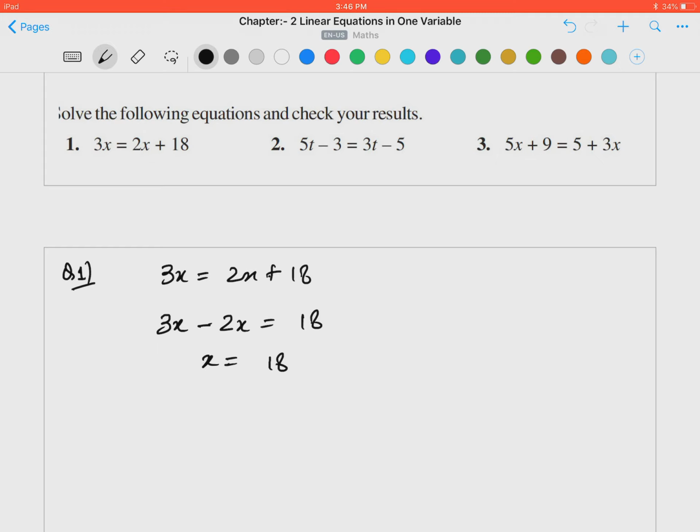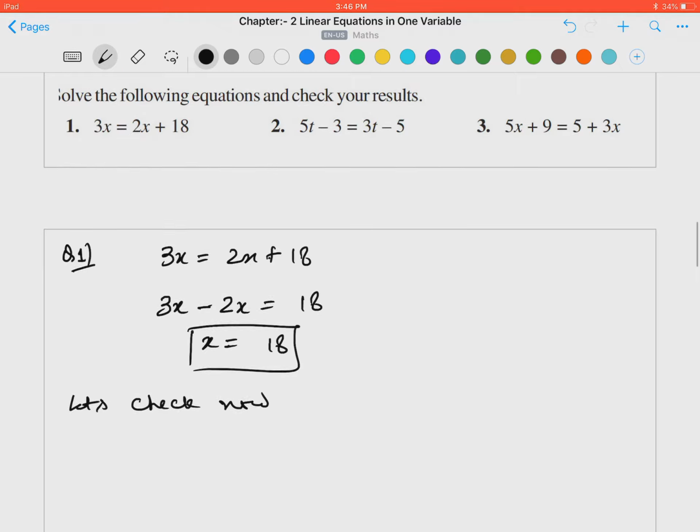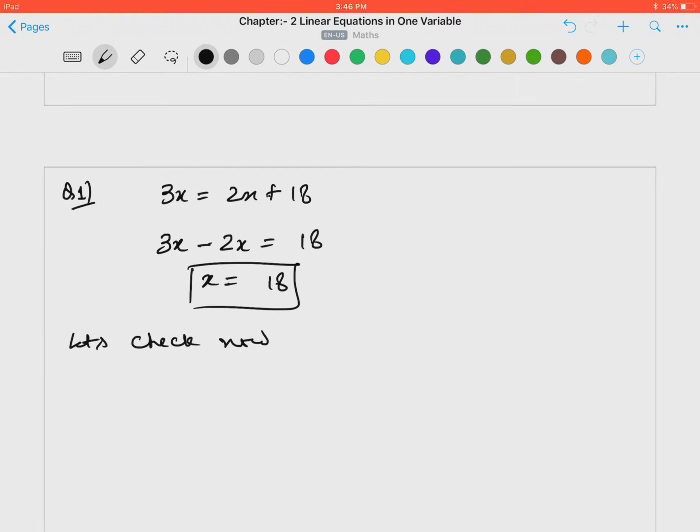Now we have to check if x is the correct answer. Let's check now. To check this, we'll check if the left hand side term is equal to the right hand side term. First we'll take the left hand side term, which is 3x.